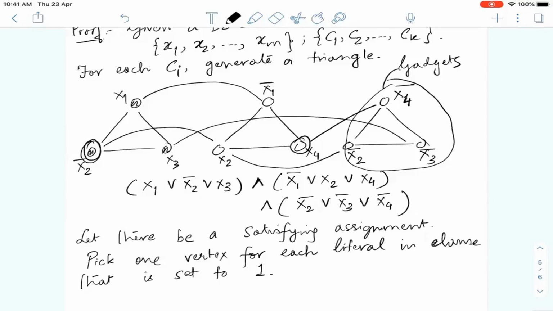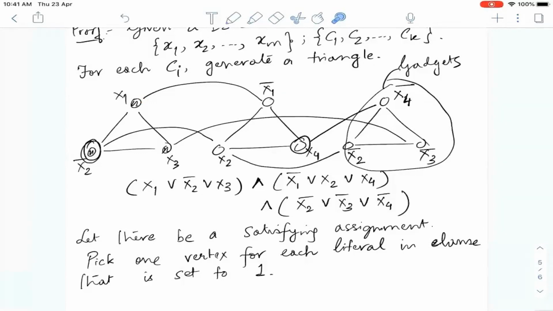And when I translate this solution to the independent set solution, I would pick the vertex from the first clause corresponding to x1, but I don't want to pick the vertex which corresponds to x1 bar, because I only want to pick the vertices for which the corresponding literal has been set to 1. So the crux of the construction is that if I pick the vertex x1, then I should not pick the vertex x1 bar for the independent set solution.